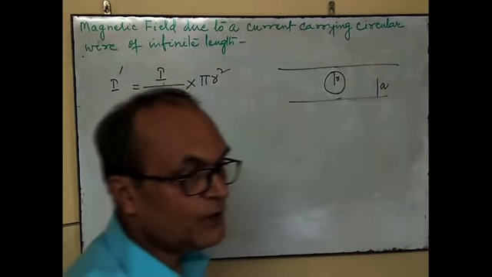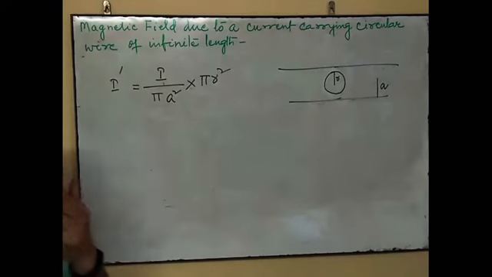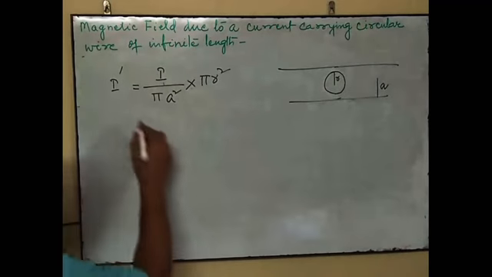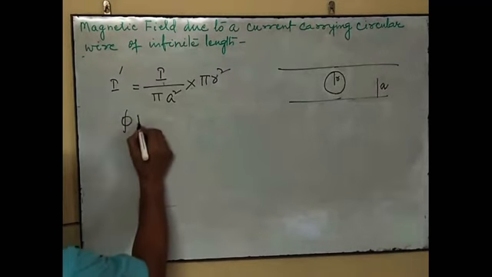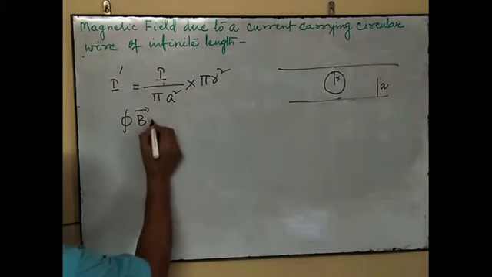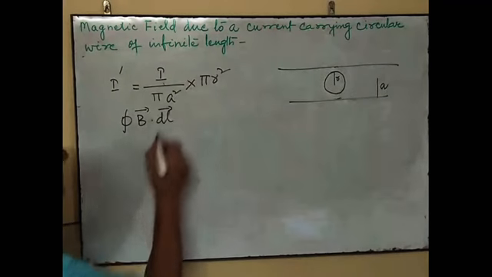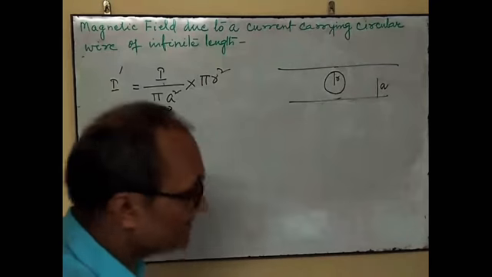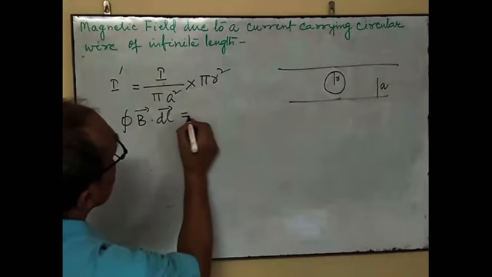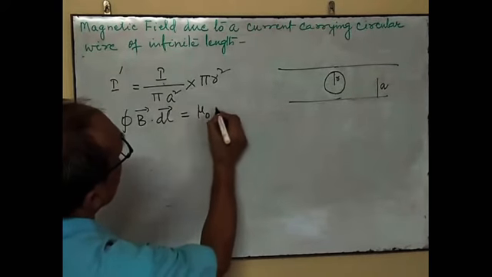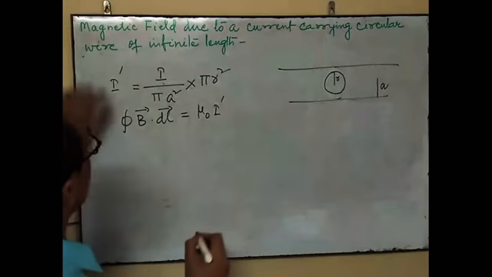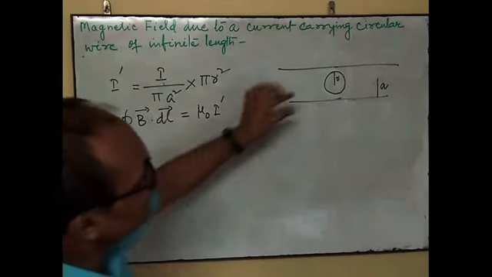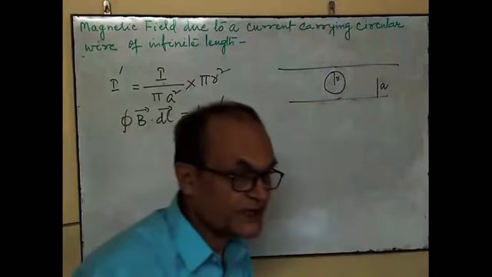According to Ampere's circuital law, integration of B dot dl equals mu naught I dash, because the current is flowing through only this much area.